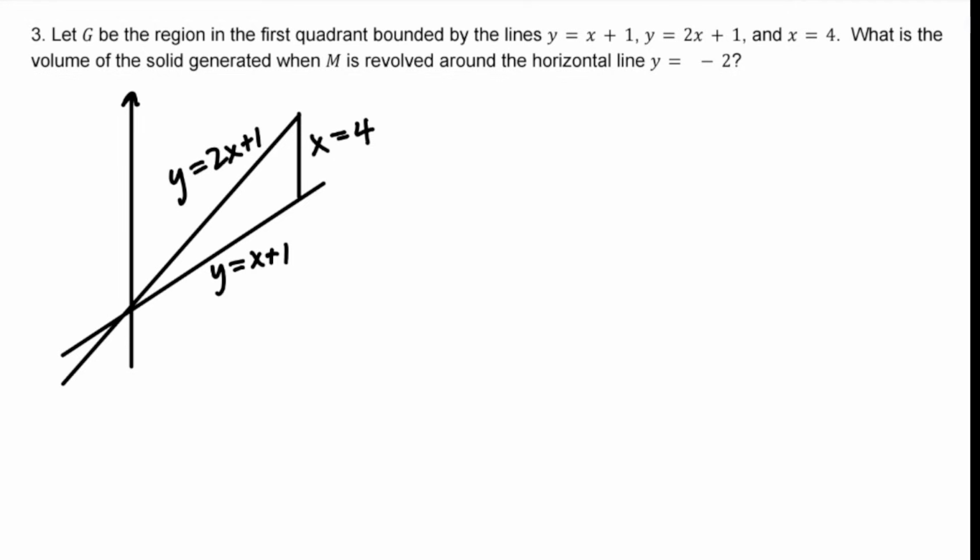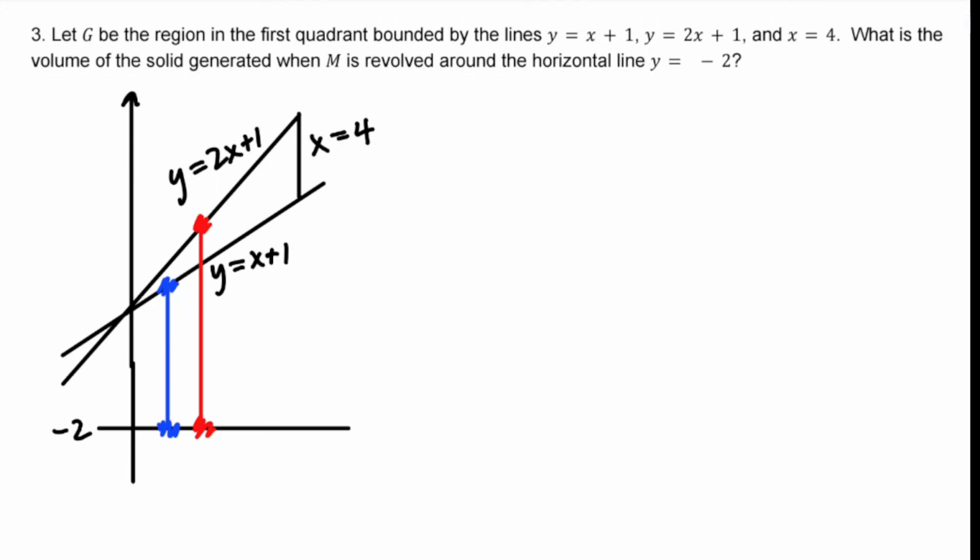Right, what's the volume of the solid generated when m is revolved around the horizontal line y equals negative 2? Right, so I just extend this down a little bit and then draw y equals negative 2. And draw some radiuses. All right, so the large radius would go way up here, and the small radius here.